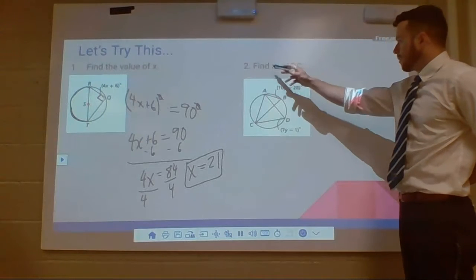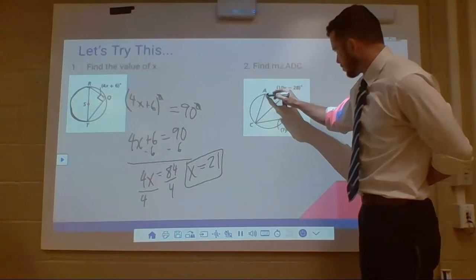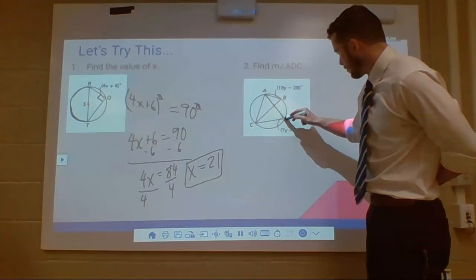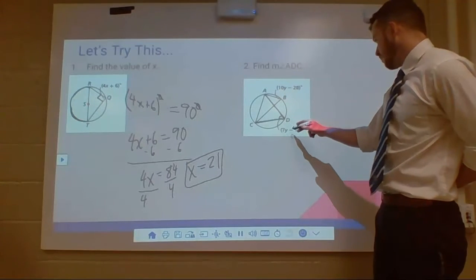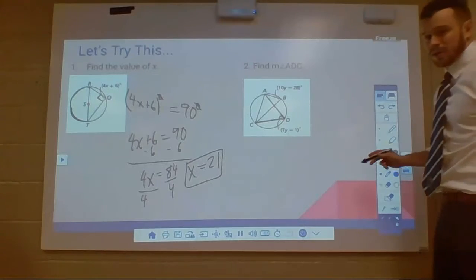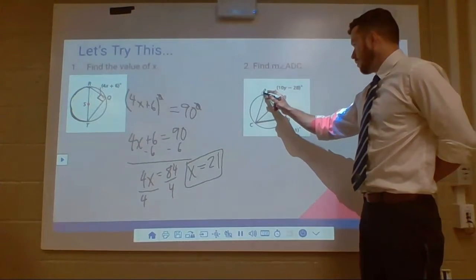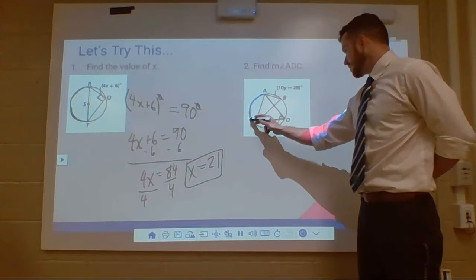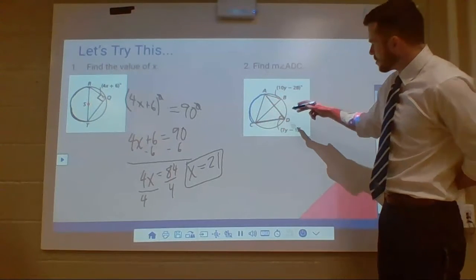Well, we're being asked to find the measure of angle ADC, so let's trace that right here. So this is the angle that we're trying to find. So the 7y minus 1. The arc that it subtends, I'm going to put this in a different color here. The arc that it subtends is AC. Okay? Well, check this out.